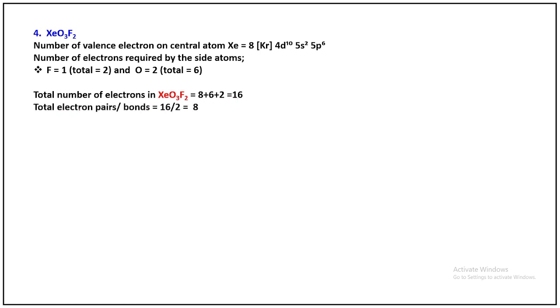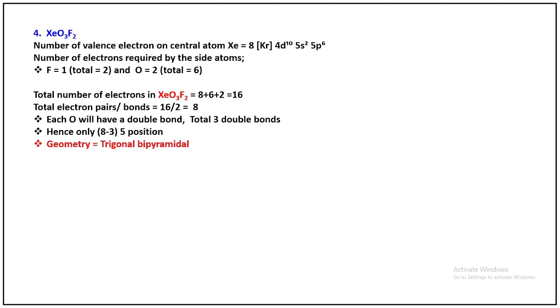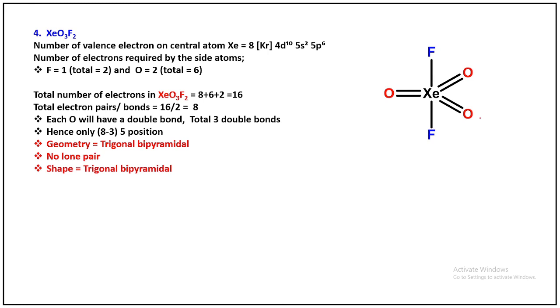The number of electron pairs will be 16 by 2 equals 8. Each oxygen will have a double bond and hence since 3 oxygens are present, 3 double bonds will be there. Hence only 8 minus 3, that equals 5 positions are available. 5 means the geometry will be trigonal bipyramidal. And since there are no lone pairs present, the shape will be trigonal bipyramidal.